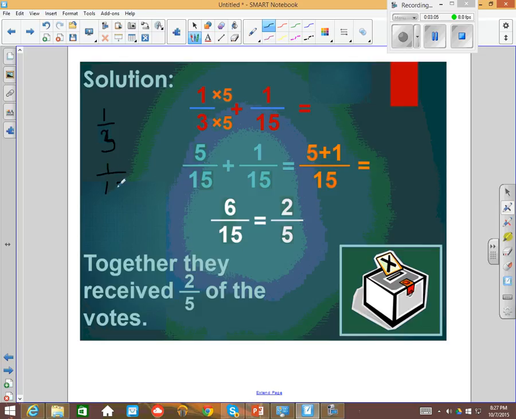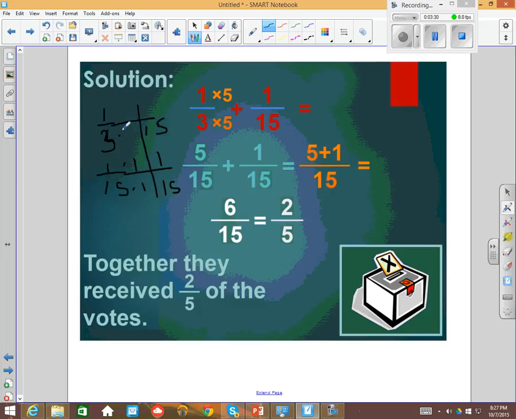Remember when we did adding fractions? I set it up in vertical terms, and I thought, what number can 15 divide into and 3 divide into evenly? And that number is 15. Then I told you to think, what number times 15 is 15? Here's 1, and multiply it top and bottom.